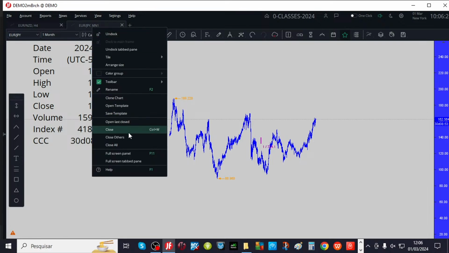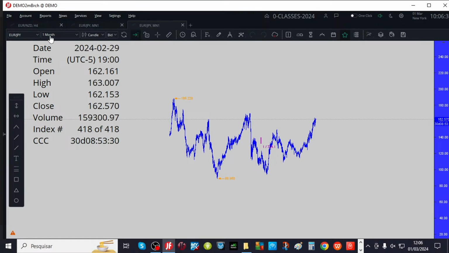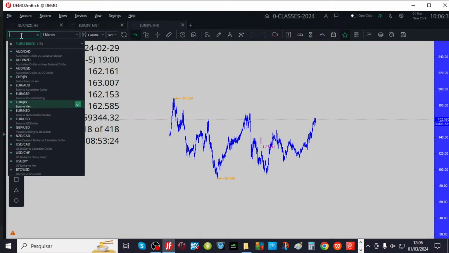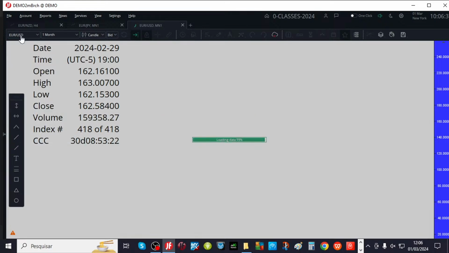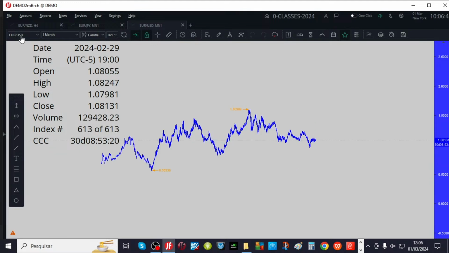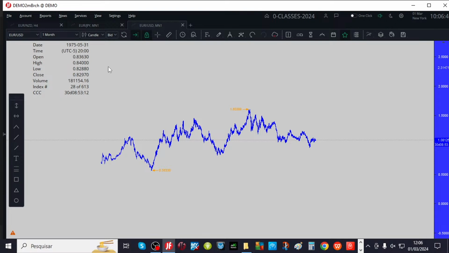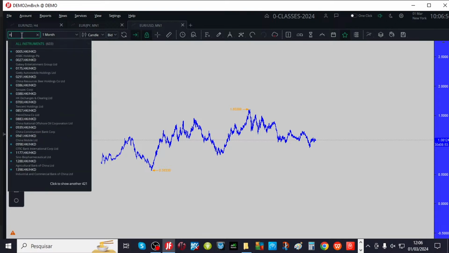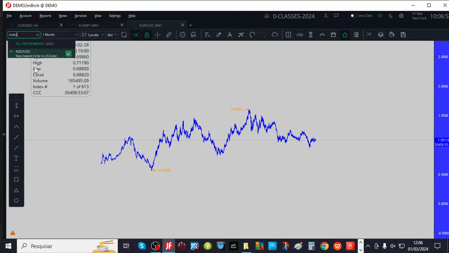So let's go, everybody. Give me a second. I'm going to clone chart and NZD USD, right? Give it a second. NZD, not euro. NZD USD.